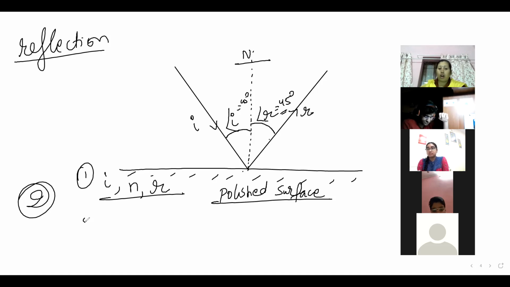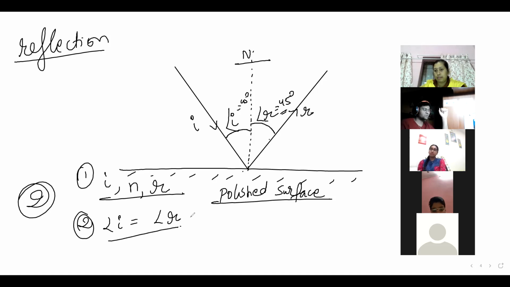Second law: the angle of incidence is equal to the angle of reflection. If this condition applies, then we say the body is reflecting the light. Write it down in your notebook because these things are not written in your notes.